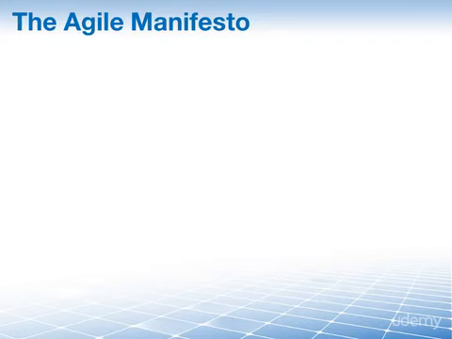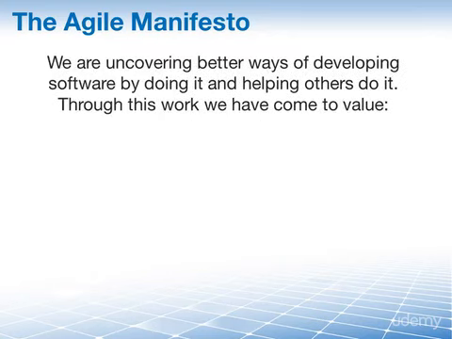The first 3 paragraphs of the Agile Manifesto state an overview of the document's purpose, and the first paragraph here can be considered the mission of the Agile Manifesto, since it describes what the creators have done, are helping others to do, and they value certain aspects of what they are doing. It reads, "We are uncovering better ways of developing software by doing it and helping others do it.